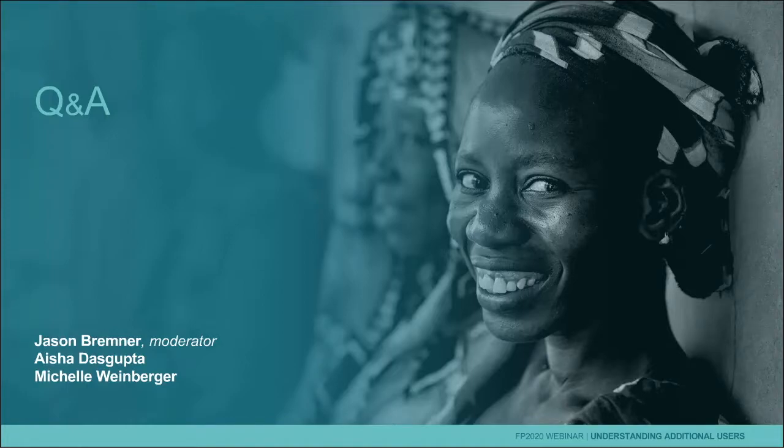Thanks, Aisha. And just to add that we've certainly been working on understanding discontinuation through FP 2020. About a year ago, members of the PME working group and colleagues started exploring adding an indicator to our core indicator suite on discontinuation.